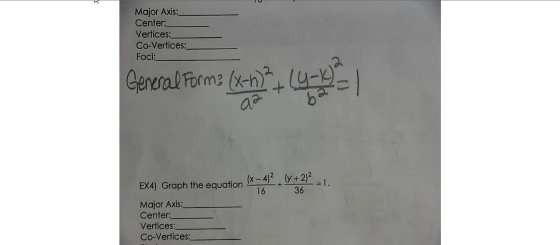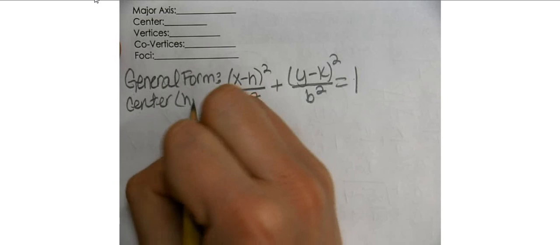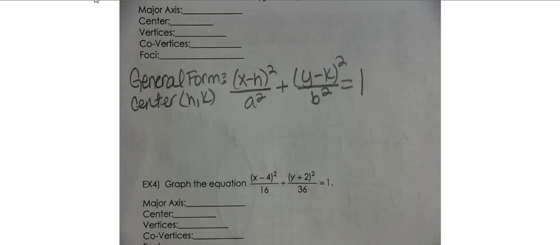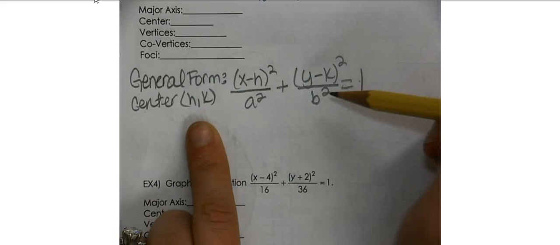This is my general form. And that's where my center is located, at (h, k). And it's the opposite of what you see, just like we had in our circle lesson that we did last time.